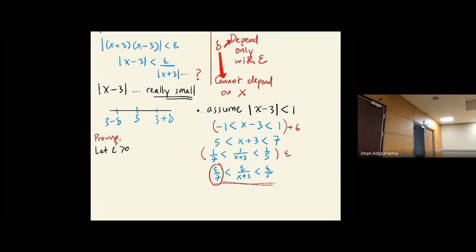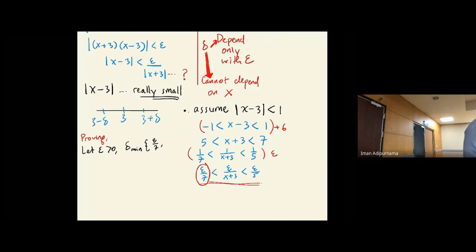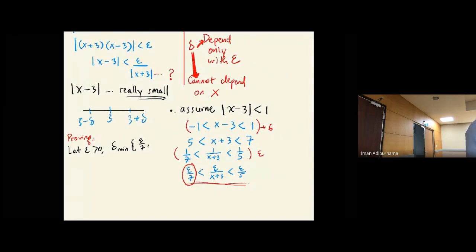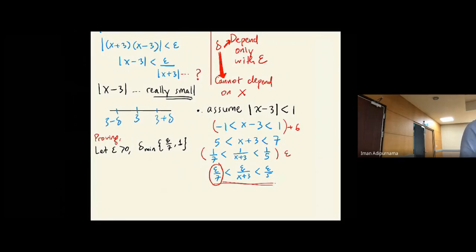Let epsilon be greater than 0, and the delta is the minimum from this interval, because the largest value is 7, or you can also use 1 because that is our assumption that delta is really small. From this interval, the smallest one is epsilon over 7. Suppose the distance is less than delta, and we substitute the delta with the epsilon, so we get this expression.